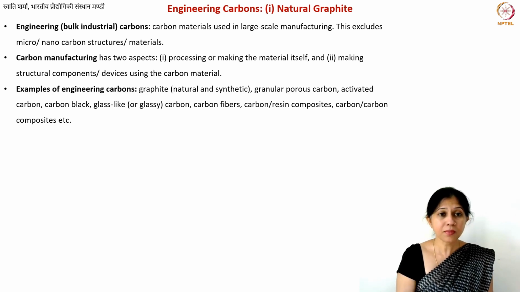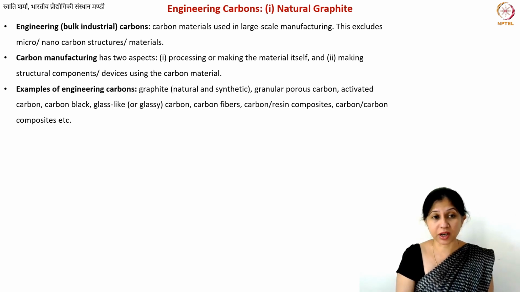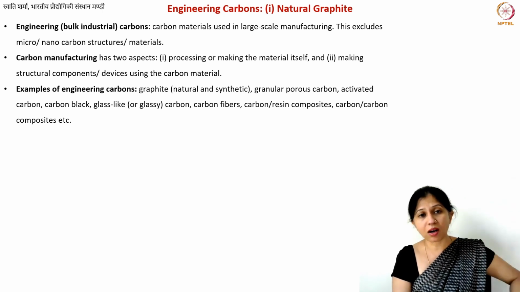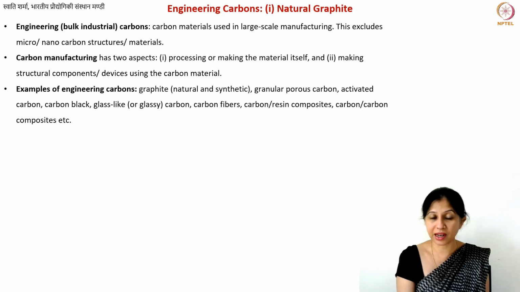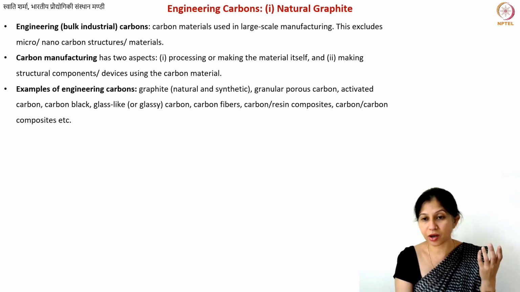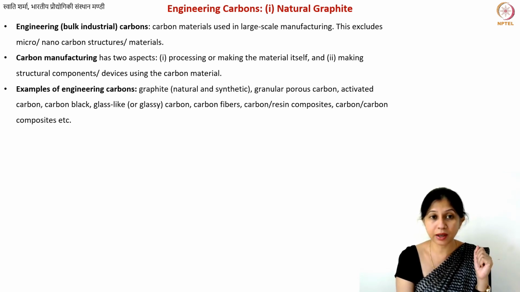Now there are many examples of engineering carbon. We will talk about all of these in our lectures in this course. For example, graphite itself: today I'll be talking about natural graphite, and a little bit about the crystal structure of graphite, but you can also have synthetic graphite. In fact, it's an interesting story about synthetic graphite.